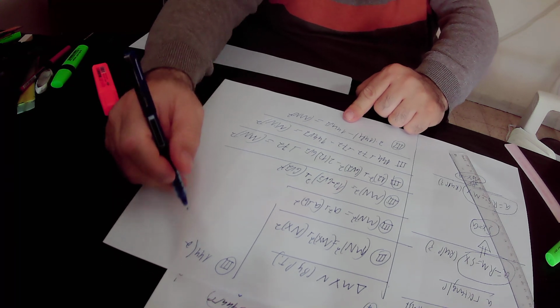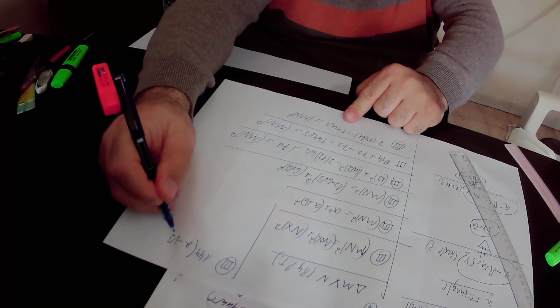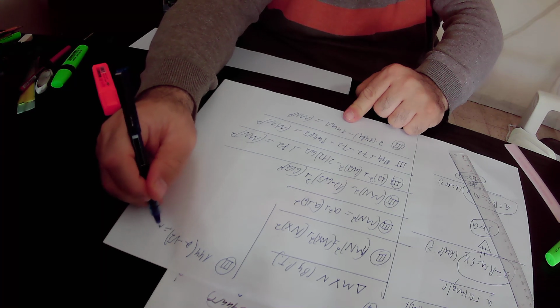What is left is actually 2 minus square root of 2, and it equals MN squared.